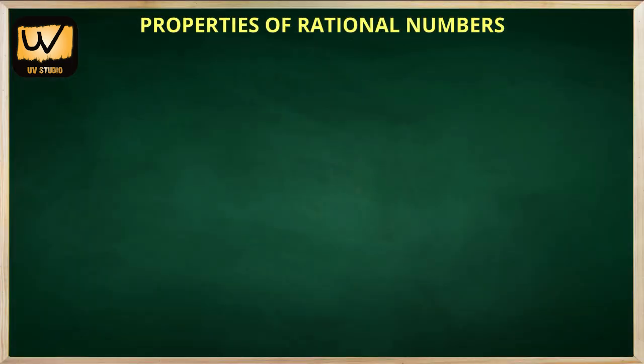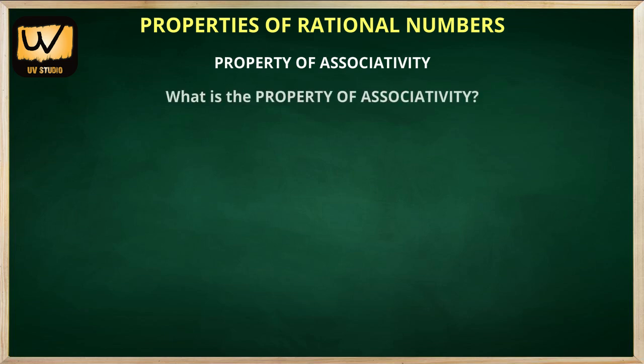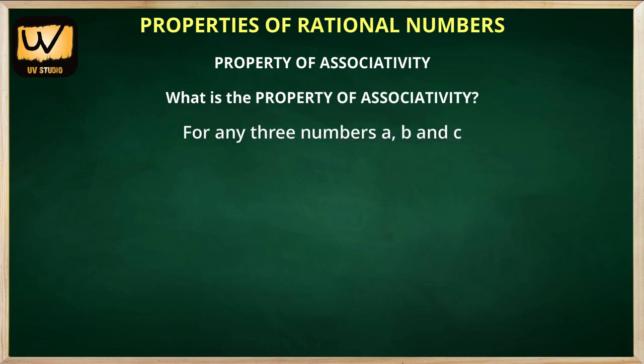Now friends, we start the property of associativity for rational numbers, but we will also see it for other numbers. What is the property of associativity? Let us understand first. For any three numbers, suppose you have A, B and C, watch the screen.